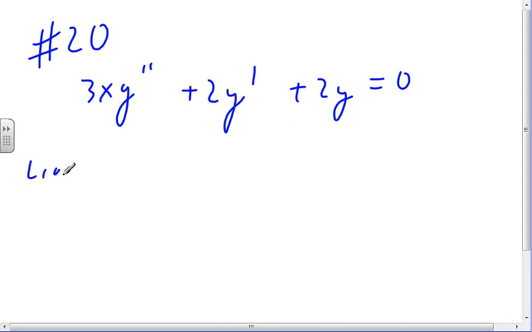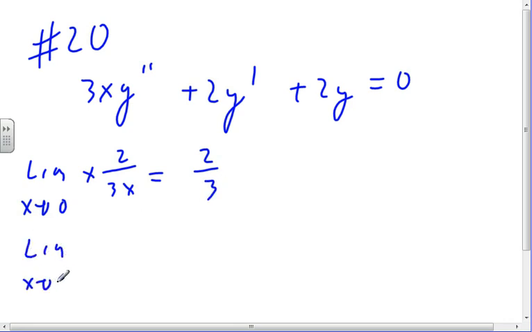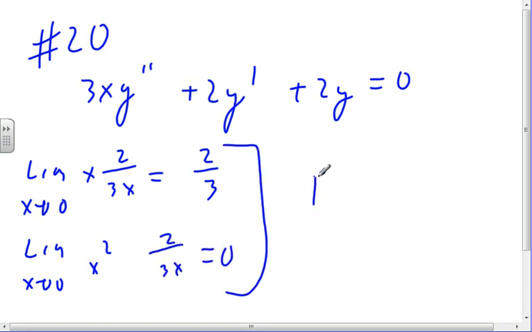I'm going to look at the limit as x goes to 0 of 2 over 3x times x. That's going to be 2 over 3. And I'm going to look at the limit as x goes to 0 of x squared times 2 over 3x. That's equal to 0. Both exist. Therefore, the method works.